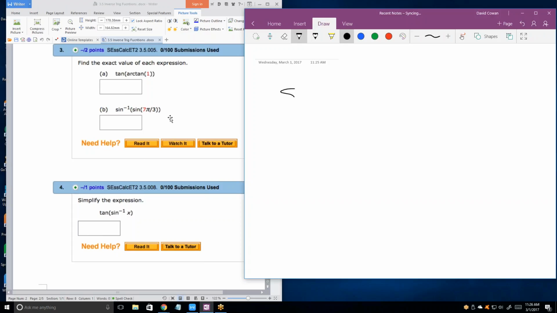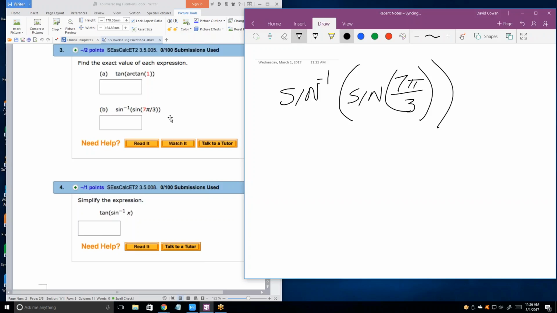Okay, now the next one. The inverse sine of the sine of 7 pi over 3. Well, if we were using the simple logic, you might say, well, the answer's got to be 7 pi over 3.